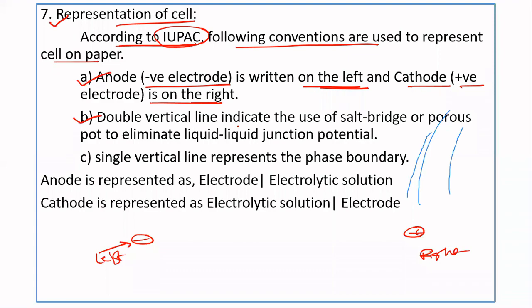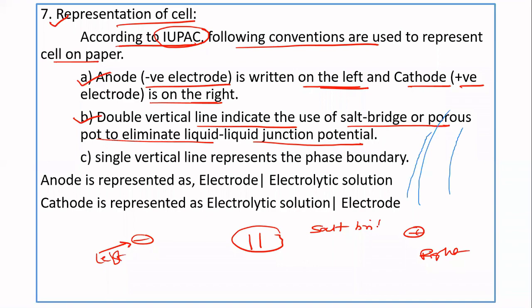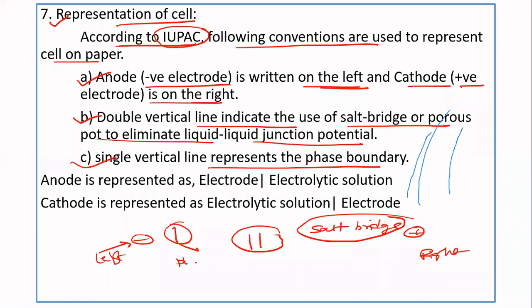Then B, double vertical line indicates the use of salt bridge or porous pot to eliminate liquid junction potential. So whenever you find it like this, this is the use of salt bridge. The double vertical line indicates the use of salt bridge. And the single vertical line represents the phase boundary. So whenever you find this single line, it is called the phase boundary.